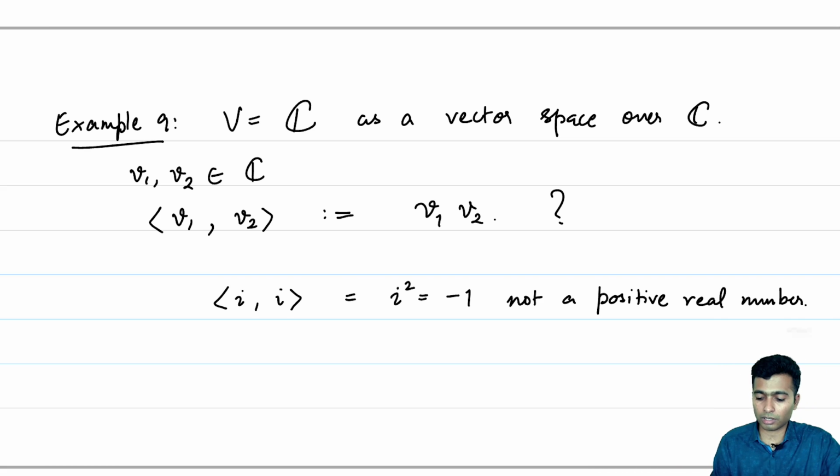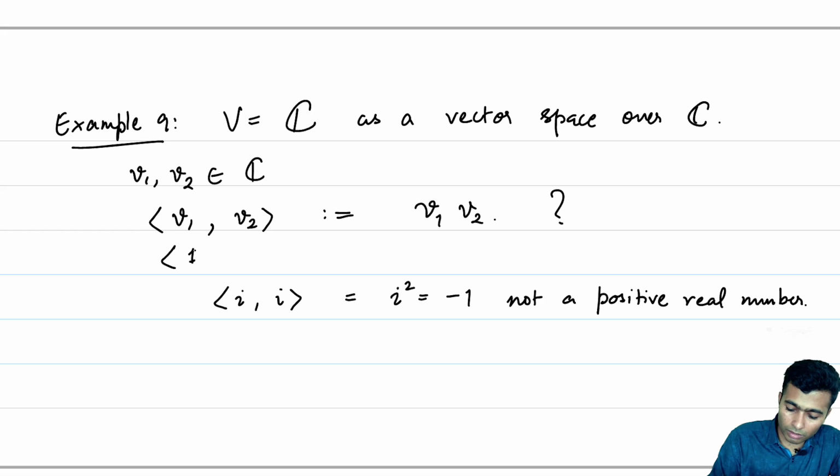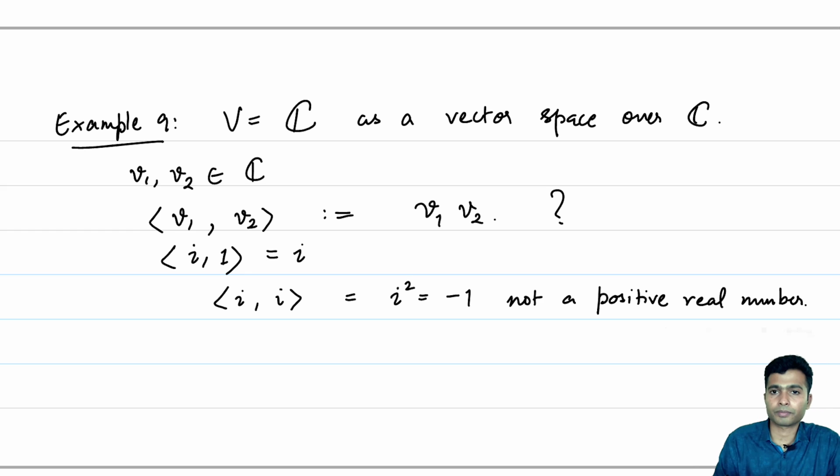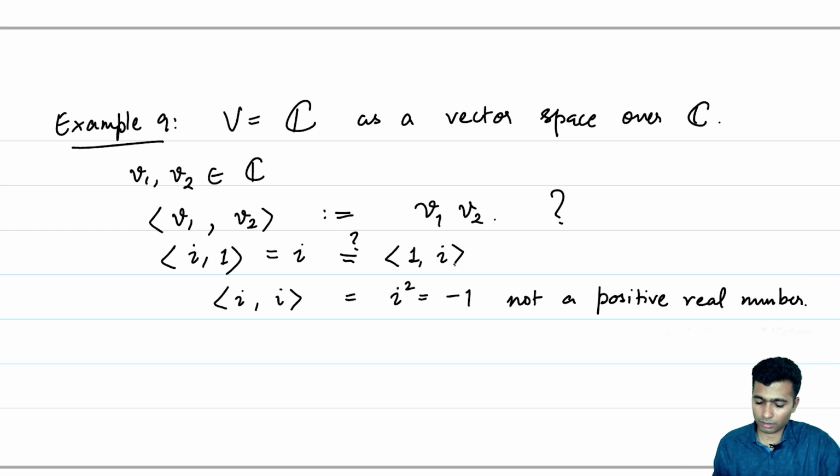It's not going to be conjugate symmetric either. So let's look at the inner product of i with 1, that's just going to be equal to i, and ideally it should have been equal, let me put a question mark, is it equal to the conjugate of the inner product of 1 with i? But what is the inner product of 1 with i?